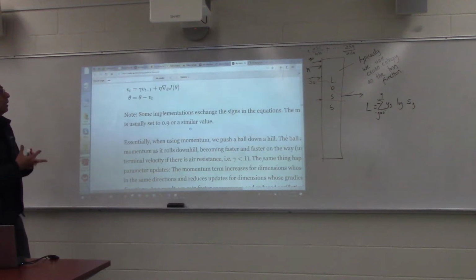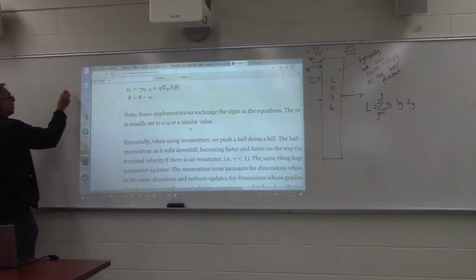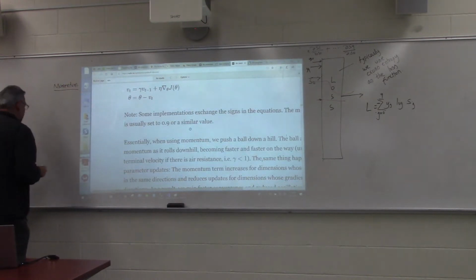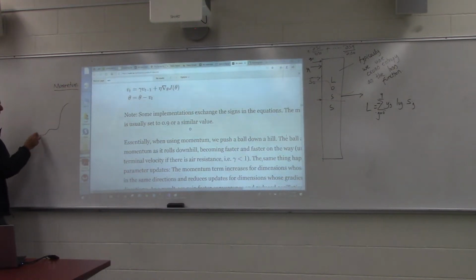Look at learning rate algorithms, and one of the algorithms we were taking a look at is called momentum. Concept-wise, the idea was if we have a higher gradient, we want to do fast updates.